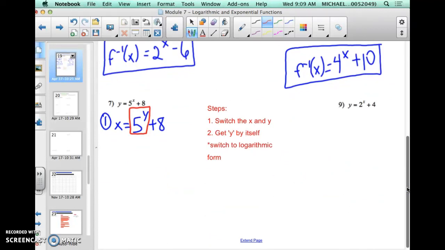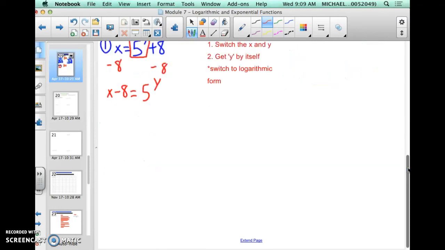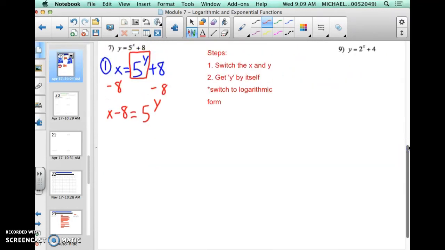In order to do that, I subtract 8 on both sides. So now I have x minus 8 equals 5 to the y. And now, because the base and the exponent are by itself, I can switch it to logarithmic format to finalize my inverse process.